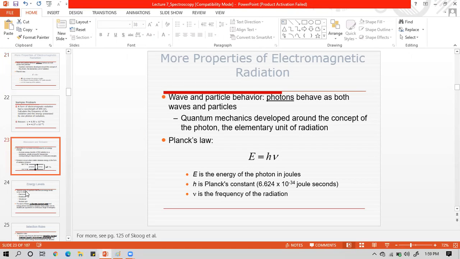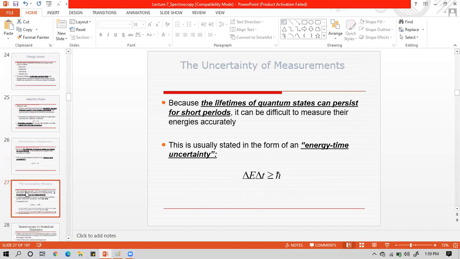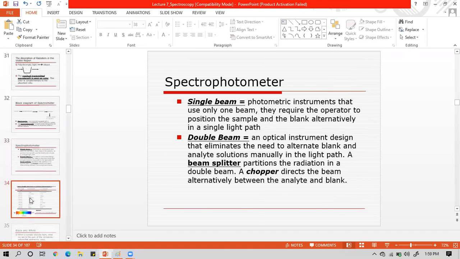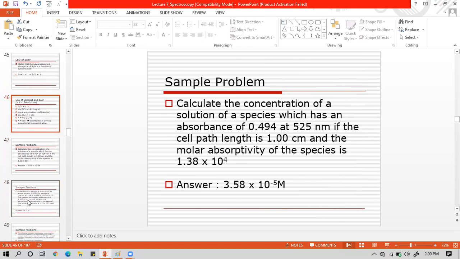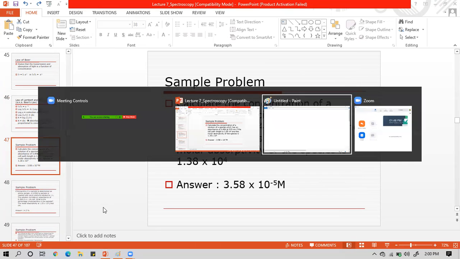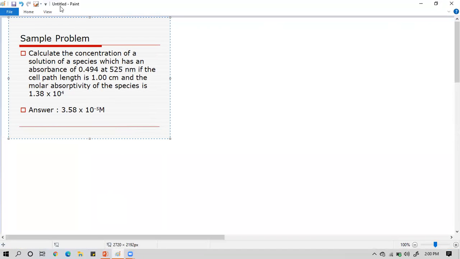Okay. Our next problem is all about Beer's law, for our sample problem number 2. Calculate the concentration of a solution of a species which has an absorbance of 0.494 at 525 nanometers.